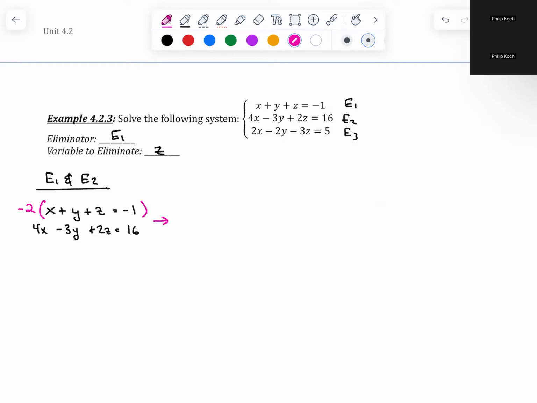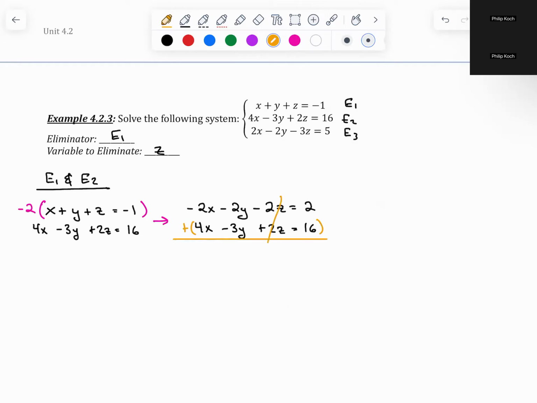Wow. And that's fine. You'll get the same answer. So you get -2x minus 2y minus 2z is equal to +2. And then you'll get 4x minus 3y plus 2z is equal to 16. We'll add those two sets together.